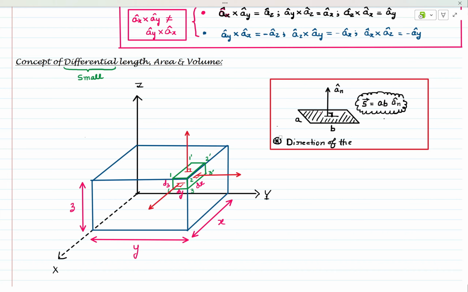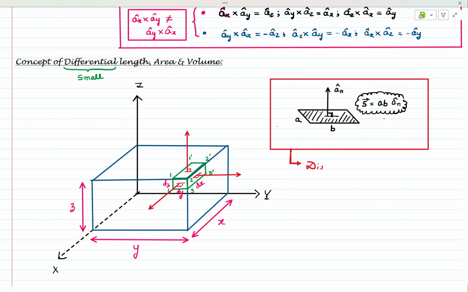Okay, I think it will not be covered here. Just a minute. This one here. Yeah, okay.